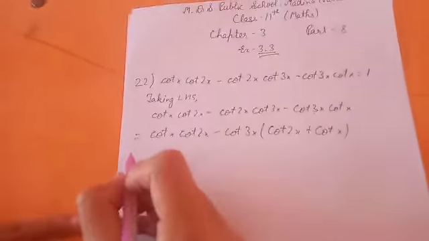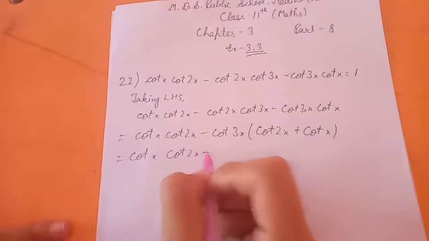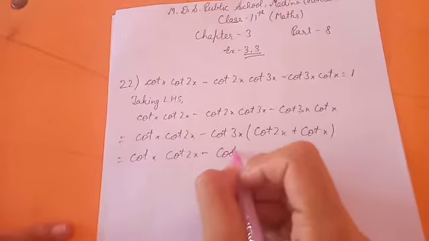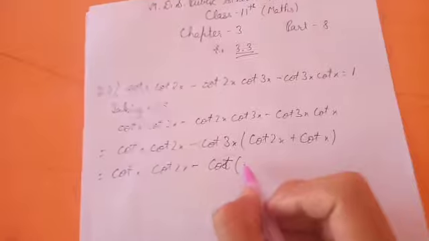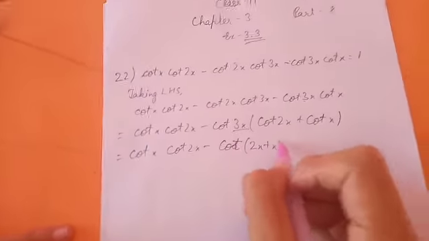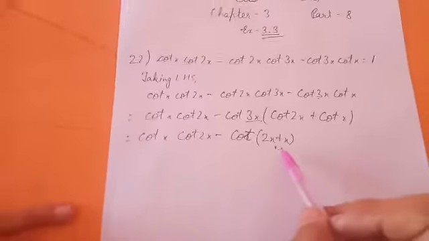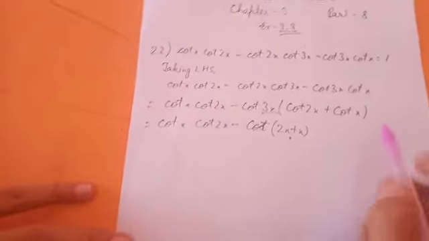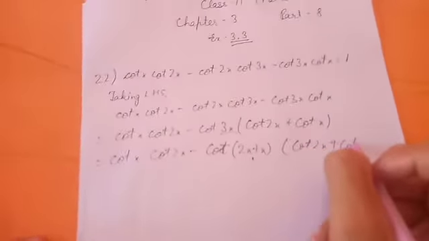Okay, cot x cot 2x minus cot 3x. I can write 3x as 2x plus x and use the formula of cot of a plus b. And cot 2x plus cot x as it is.